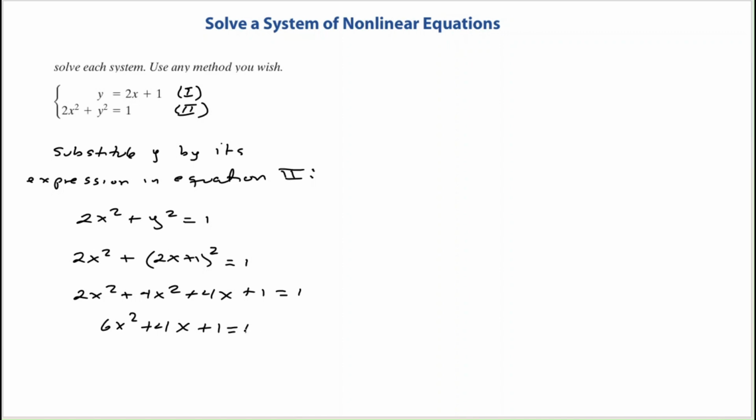If we subtract 1 from both sides, we now get that 6x squared plus 4x is equal to 0.